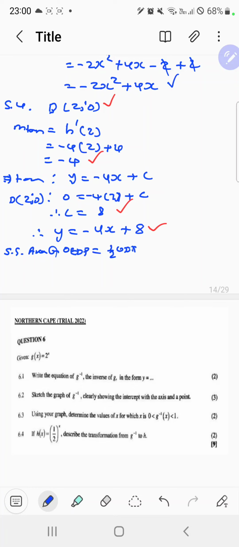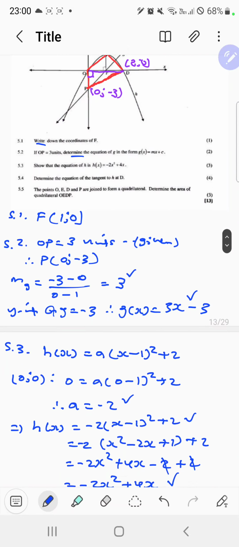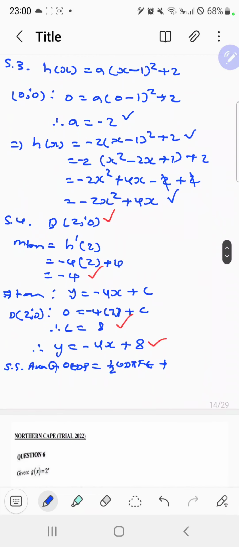Half OD multiplied by FE, plus the same again, half OD multiplied by this time OP. This is equal to half into OD, we got 2 units, and then FE was 2 units, plus half OD is the common base.